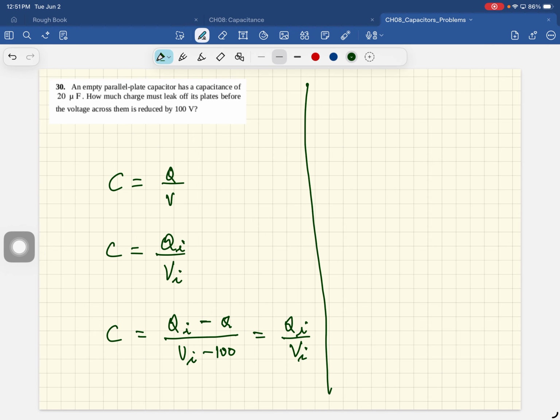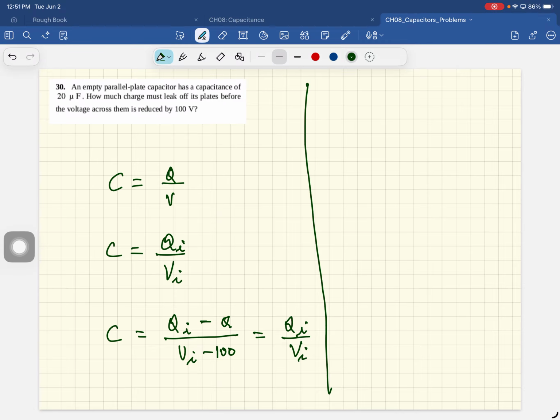Do we need to write it as Q initial over V initial, or can we just write 20? No, so here's the equation. There's the capacitor, that's 20 microfarads, and you reduce the charge by this much and the voltage decreases by 100 volts.